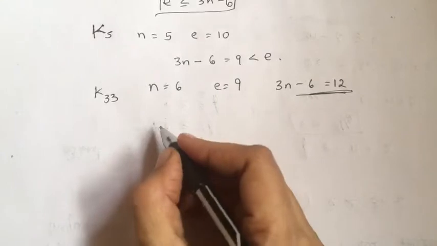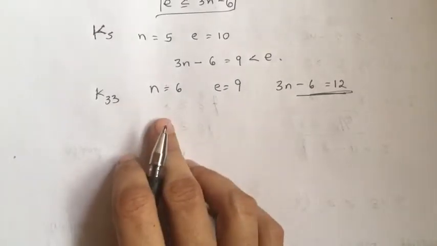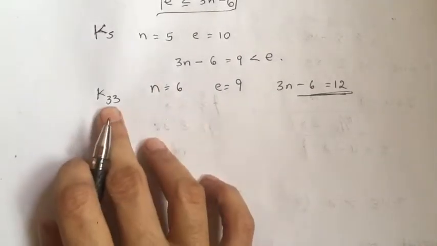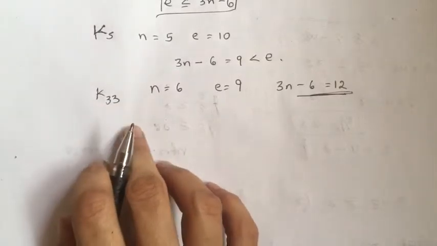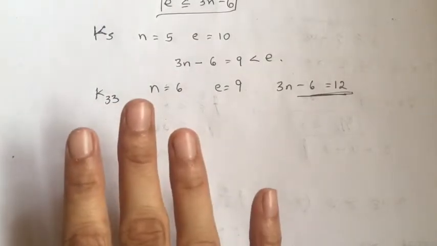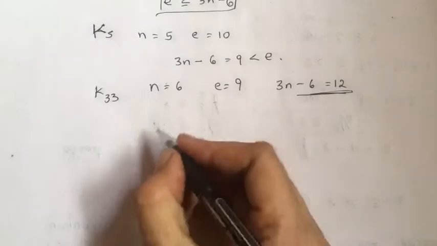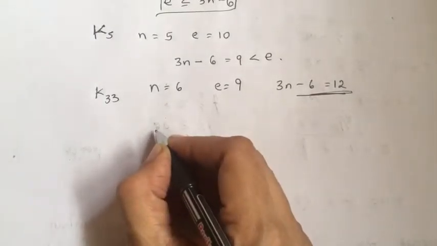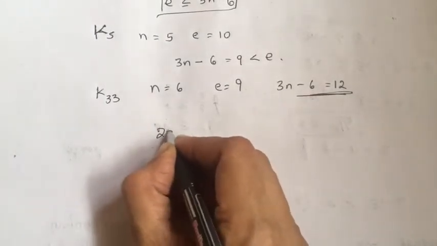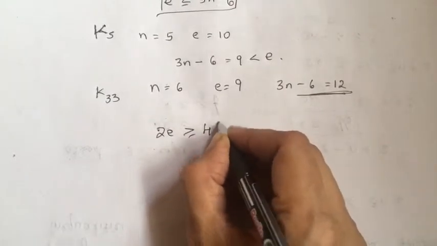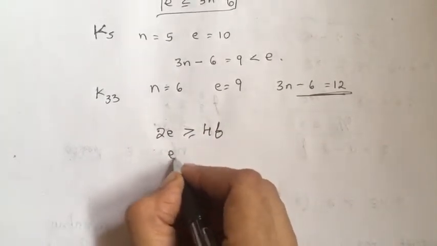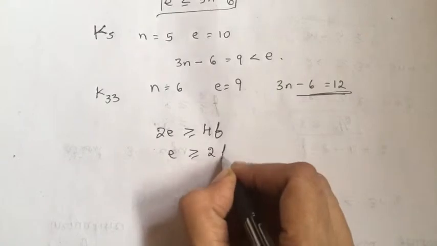Since there are no triangles in K3,3, each region has a minimum of 4 sides. So 2e is greater than or equal to 4f. Therefore, e is greater than or equal to 2f.